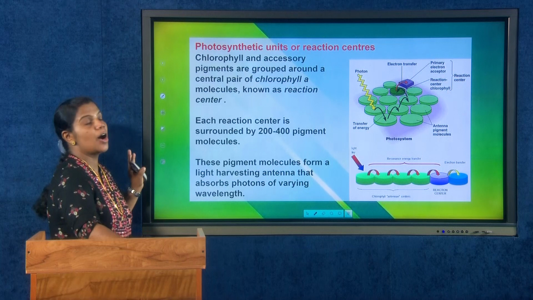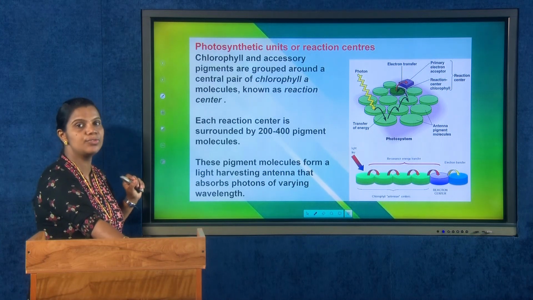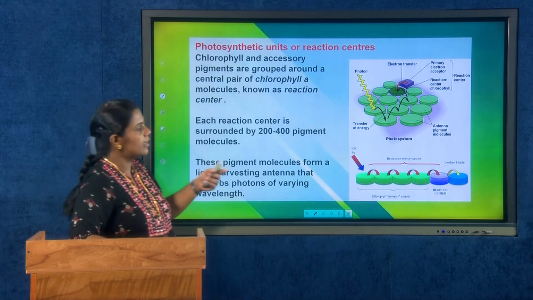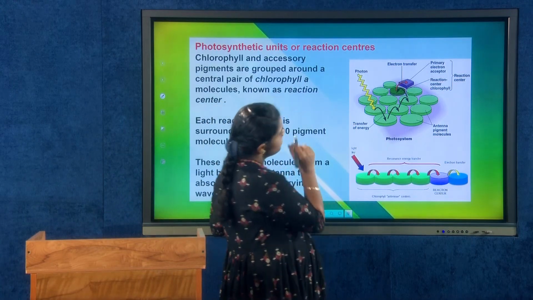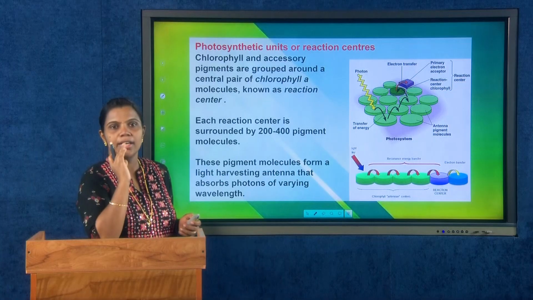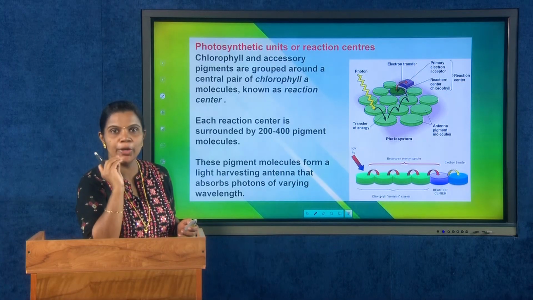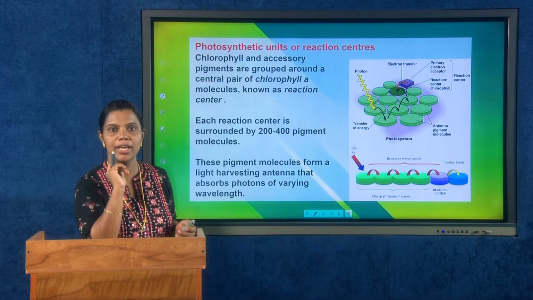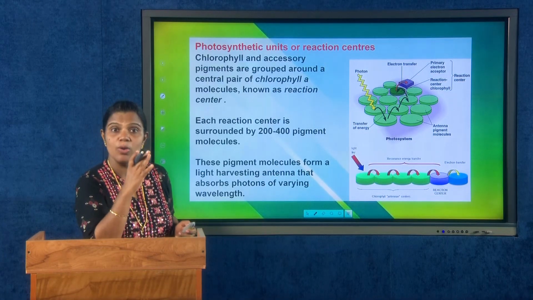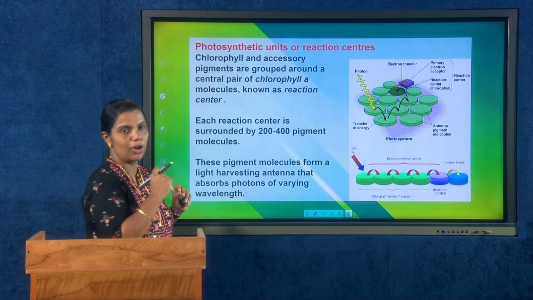Now we will learn about the reaction centers of photosynthesis. So here is the image of the reaction center. What does it show? We know that a photosynthetic unit consists of chlorophyll and accessory pigments mainly. They are grouped around a central pair of chlorophyll molecules.